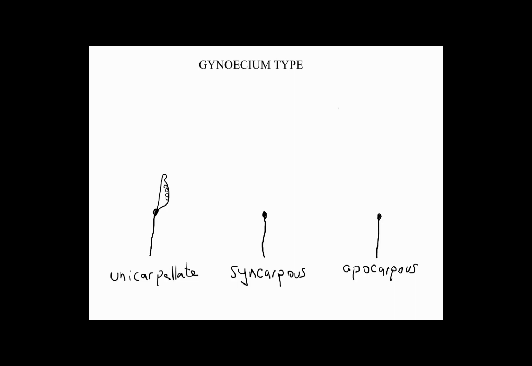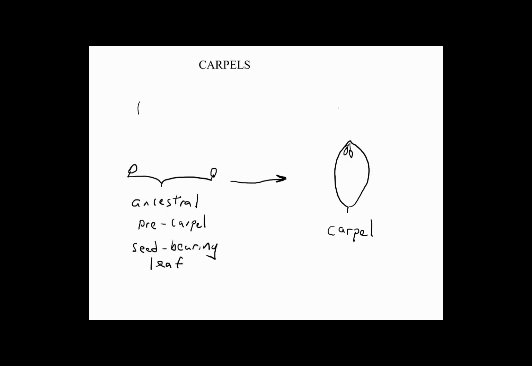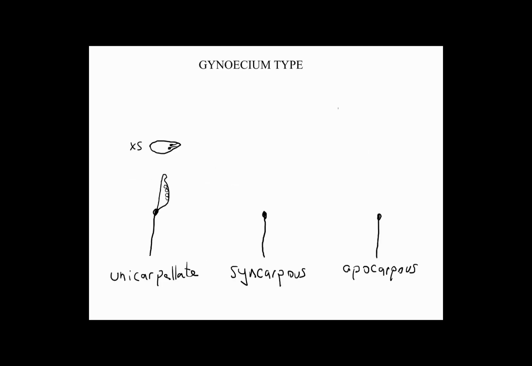Let's make a cross-section of this. We'll do it up here. Cross-section would be pretty much what we've already drawn, with one chamber, one row of seeds. It's a carpel that's pretty much like this one that we drew over here on the right. And this is called a unicarpellate gynoecium.